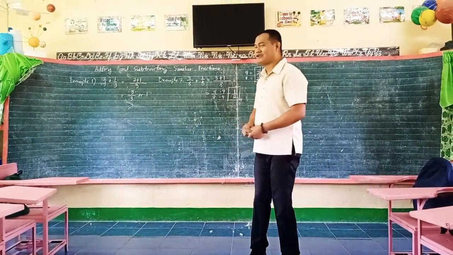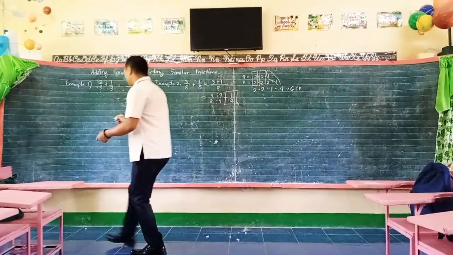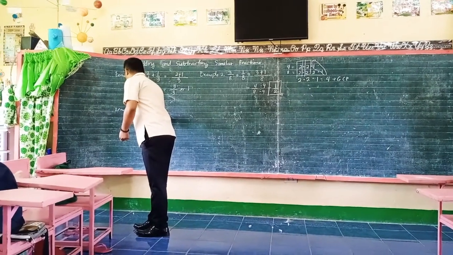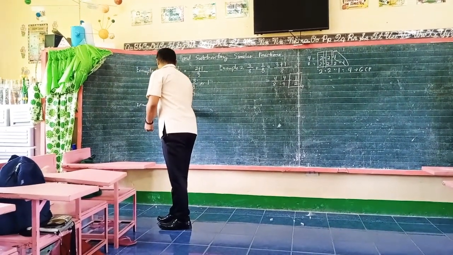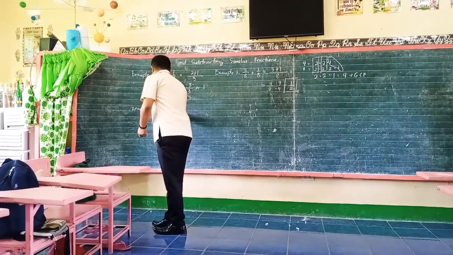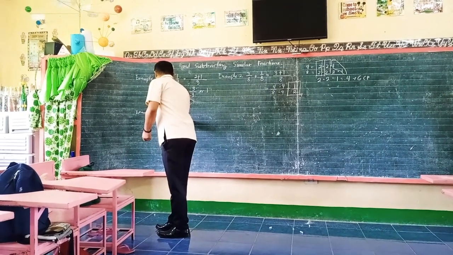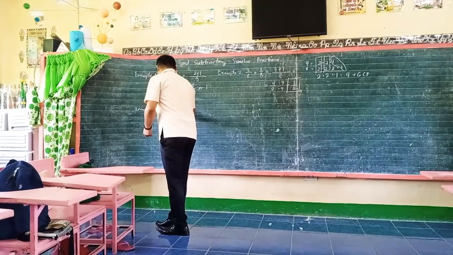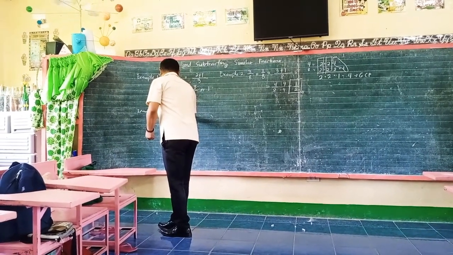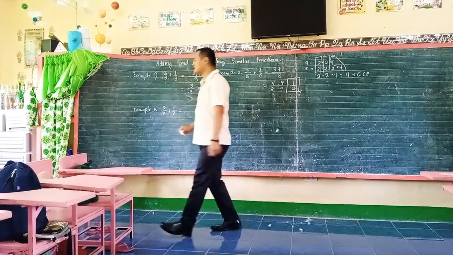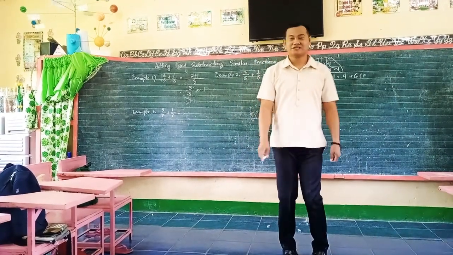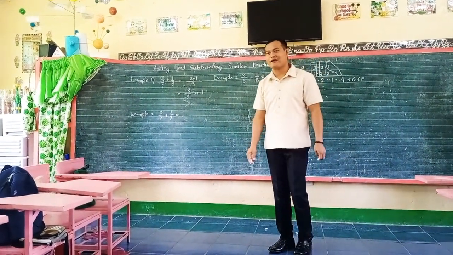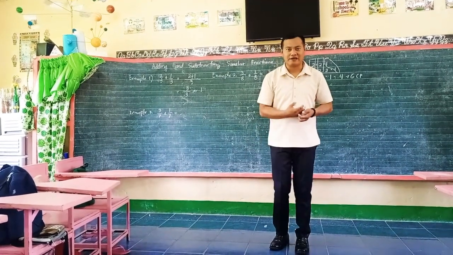So let's have another example, sample number 3. We want to add 3 sevenths and 1 seventh, or 3/7 plus 1/7.